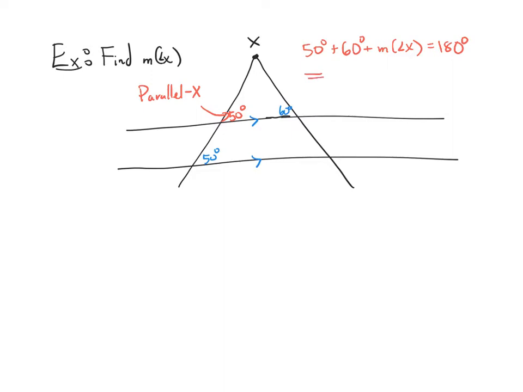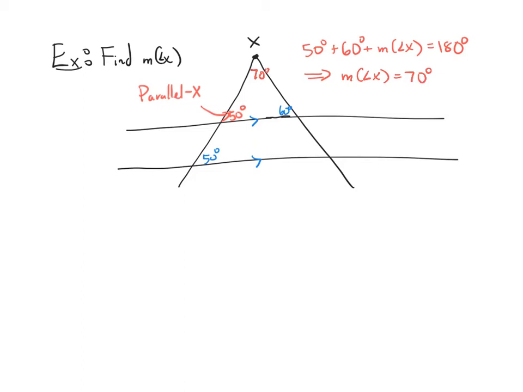So I think we can do this quite quickly. This is 110 degrees, so this must be 70 degrees. If you don't see that, you could just solve that little equation there. So this tells me that the measure of angle x equals 70 degrees.